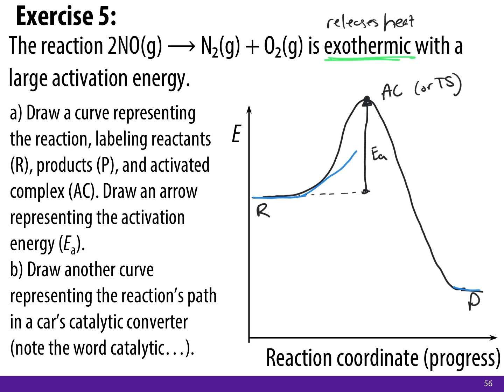So maybe it stabilizes it like this, and that's our new pathway. So this is B, the catalyzed pathway. Again, if I look at the activation energy, it's much lower. EA, catalyzed, is this much lower activation energy. That's going to explain why the reaction becomes much faster.